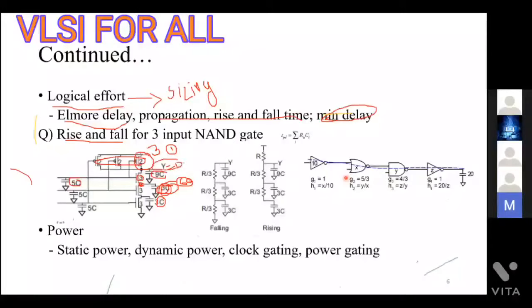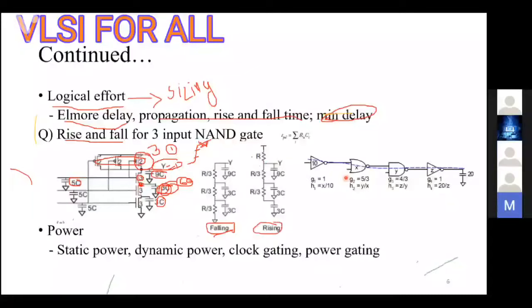Rise time corresponds to the transition of the output from 20% to 80% of VDD. Okay, so this was the circuit for the rising, sorry, this is for the rising.